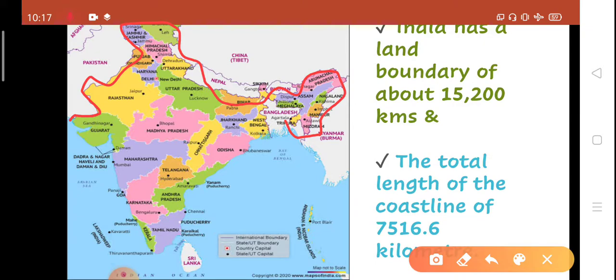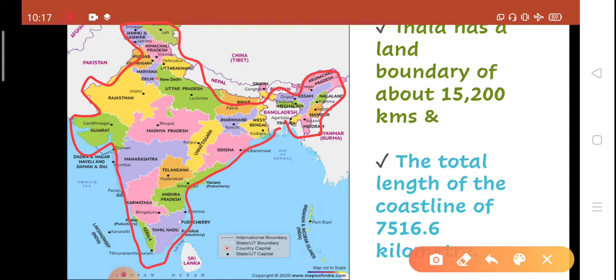This is the land boundary of India, which extends all the way from Gujarat till the easternmost part and covers 15,200 kilometers.